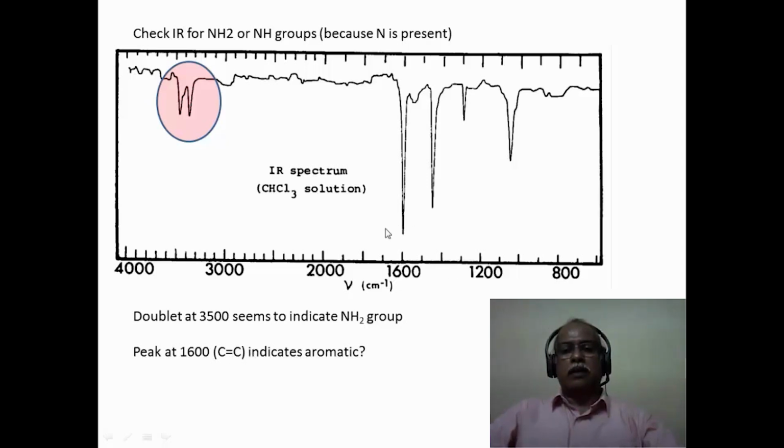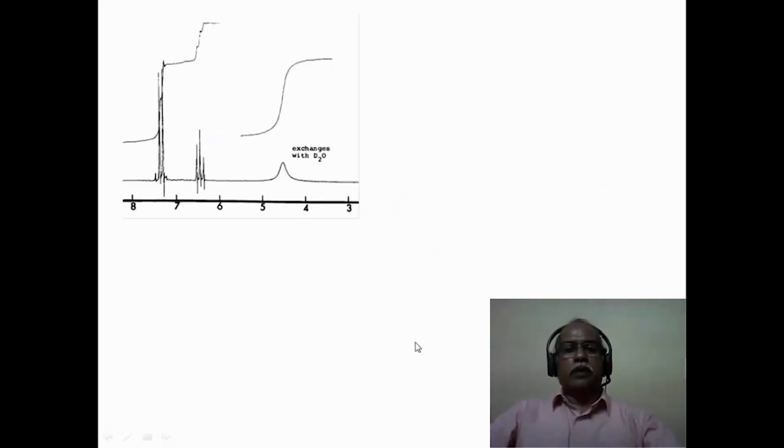Possibly because of the aromatic C double bond C, one can have this kind of a stretching frequency in this particular spectrum. So now we have to check for the presence of NH2 in the proton NMR. The proton NMR characteristic peak corresponding to NH2 will be a D2O exchangeable peak. This is the proton NMR spectrum of this compound. The region between 3 and 8 alone is shown because all the signals are seen only in this particular region.